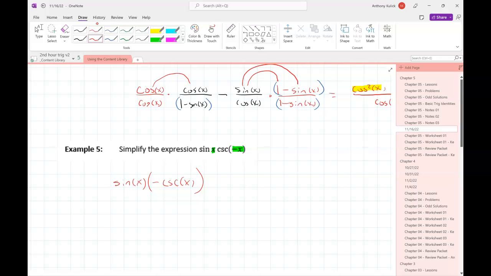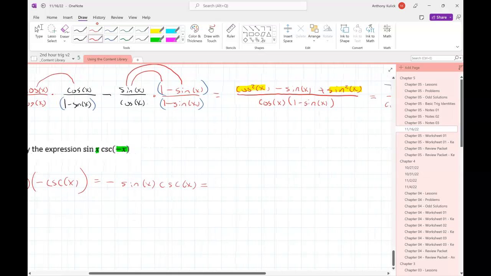Be okay there? Or really the same thing as negative sine x times cosecant x. What can I do with that? What's cosecant?